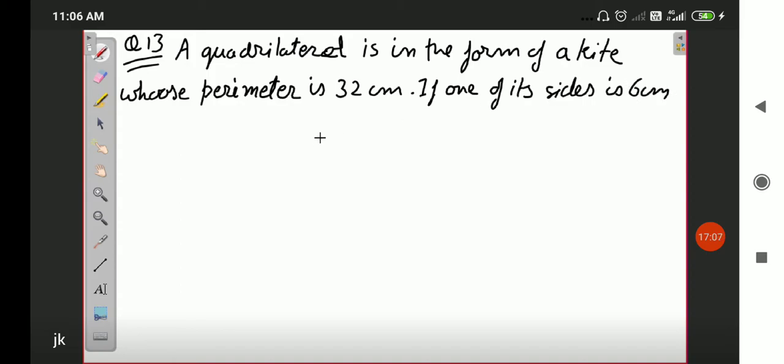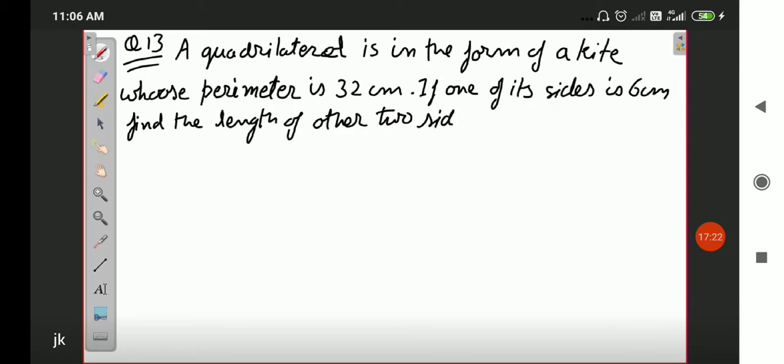If one of its sides is 6 centimeter, find the length of the other two sides.